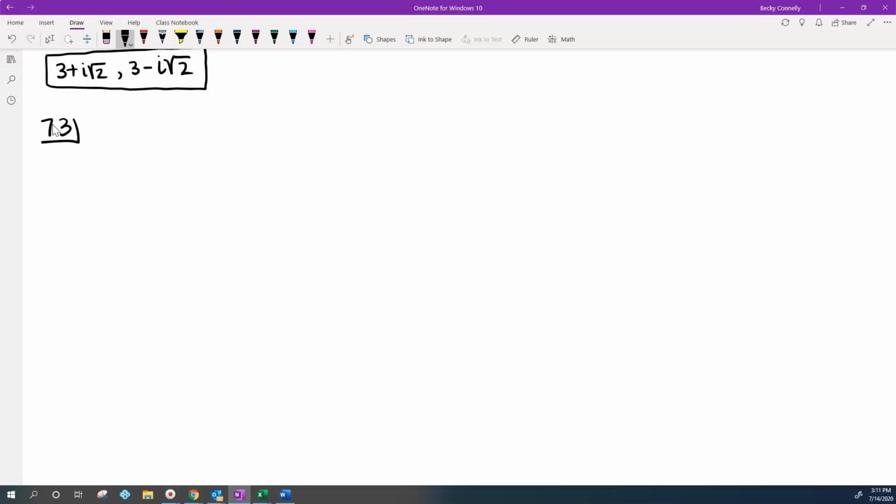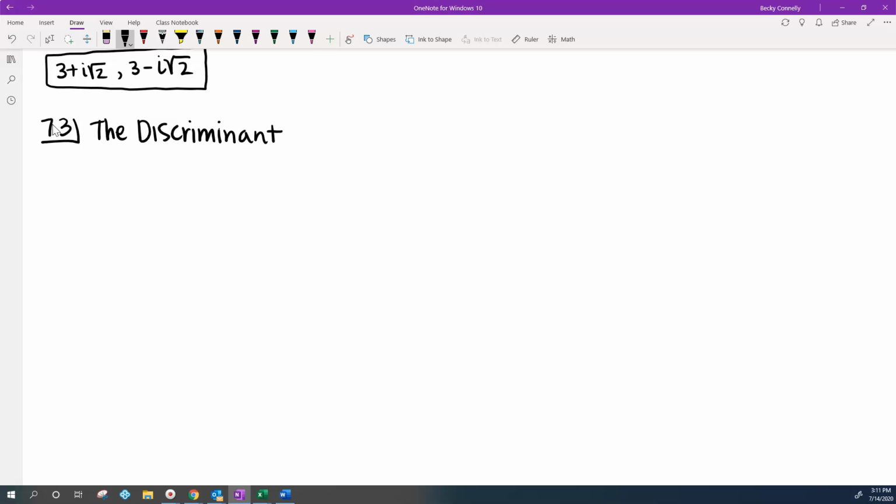All right, so in 7.3, we're going to be talking about something called the discriminant. Okay, and this is part of the quadratic formula that actually tells us a lot about a certain quadratic equation that we're looking at.